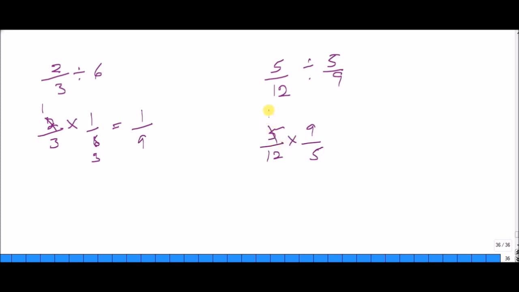So 5 into 5 would go 1 time, 5 into 5 1 time, and 3 into 9 would go 3 times, and 3 into 12 would go 4 times. Multiply across, 1 times 3, 3, over 4 times 1, 4. Answer, 3/4.